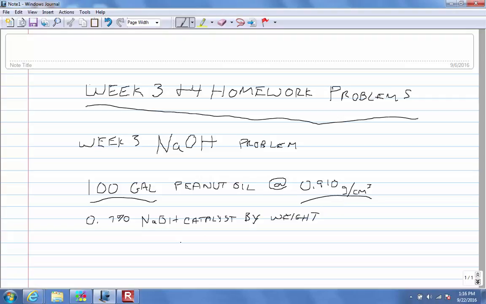And I need to figure out how I'm going to combine those so I can get them to be the same units as my final answer. So to start off with my equation, it's actually really straightforward. I have my 100 gallons, and I know what my weight is, 0.910 grams per cubic centimeter.